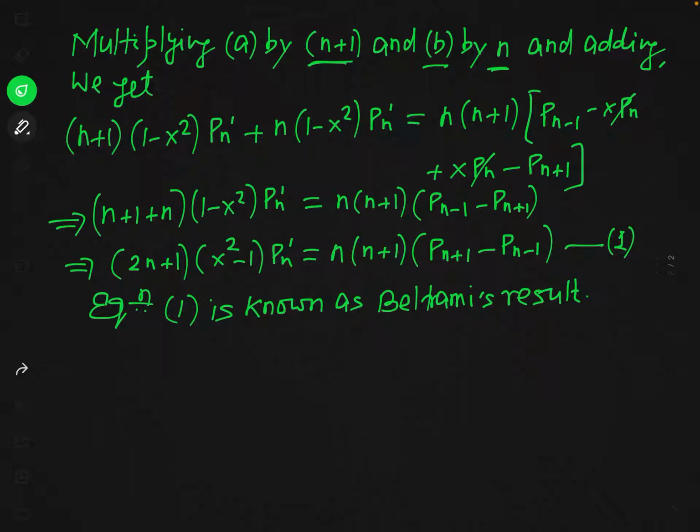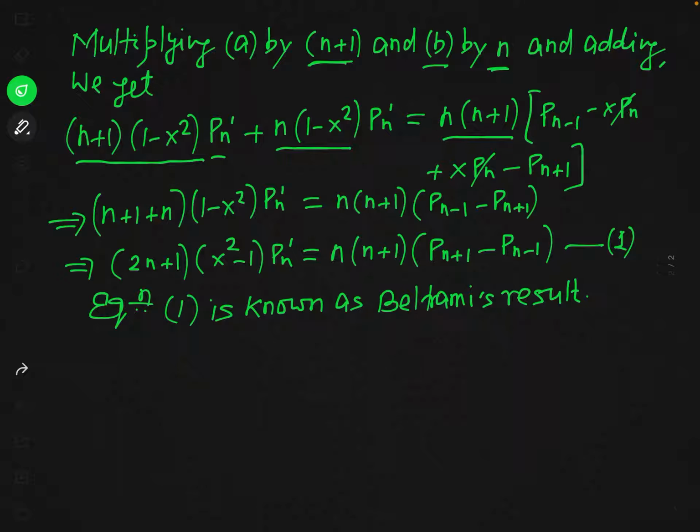So you can see the sum will be this much: (n plus 1) into (1 minus x square) Pn dashed plus n into (1 minus x square) Pn dashed, and that will be equal to n into (n plus 1) times (Pn minus 1 minus x Pn plus x Pn minus Pn plus 1). So you can see this minus x Pn and plus x Pn will cancel out, and so our result is this.